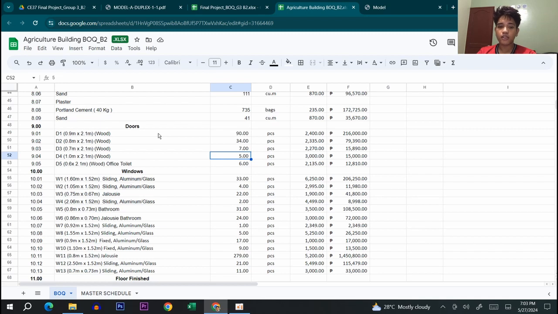Door 2, which is 0.8 by 2.1 meters, wood. Door 3, which is 0.7 by 2.1 meters, which is also wood. Door 4 is 1 meter by 2.1 meters, wood, and door 5 is 0.6 by 2.1 meters, wood.